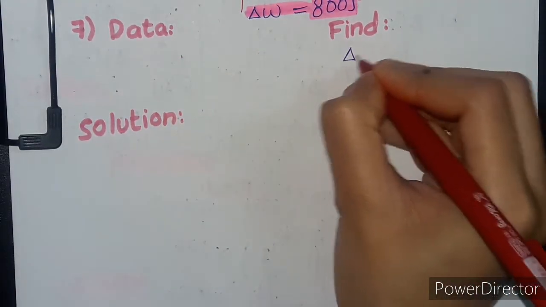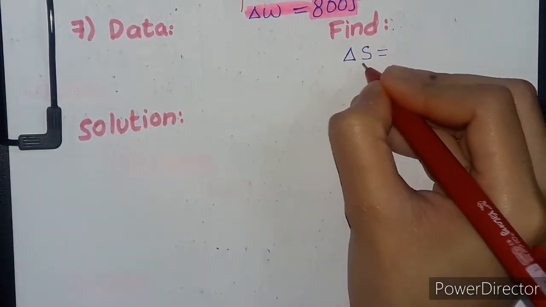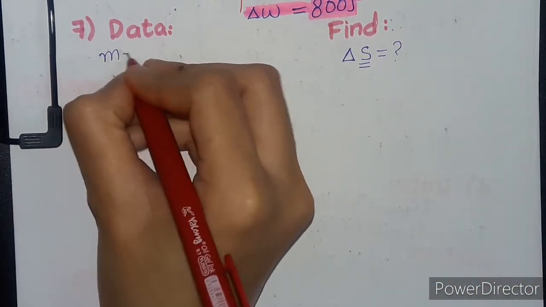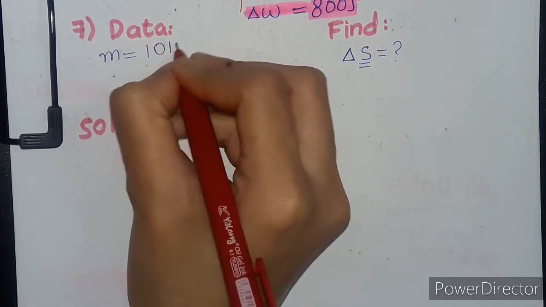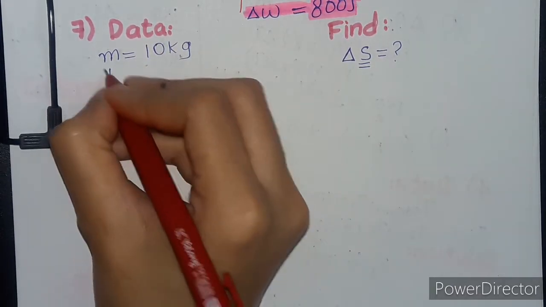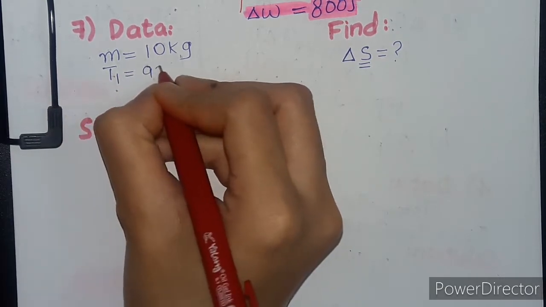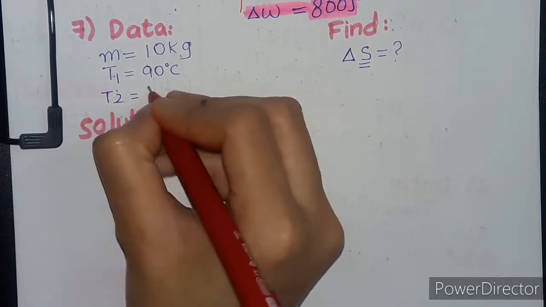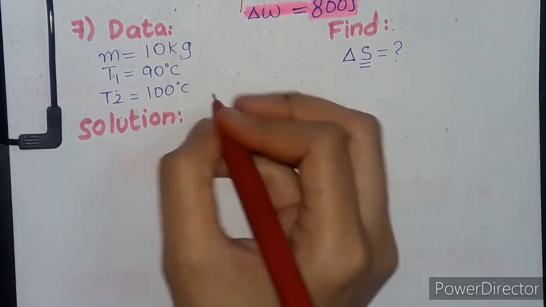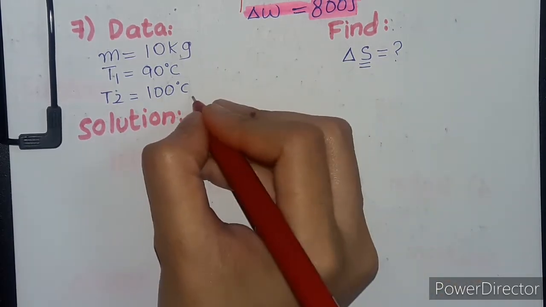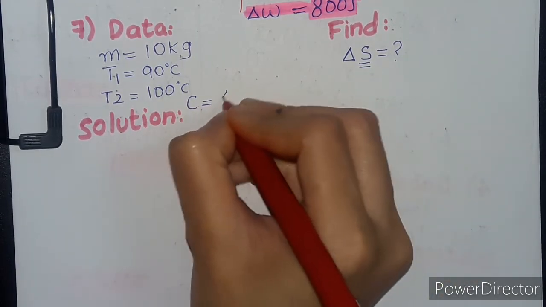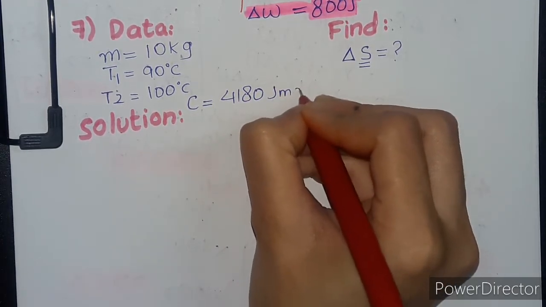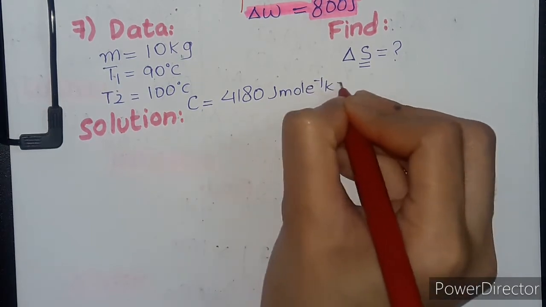We have to find the change in entropy, which is represented by S. We are given the mass, which is 10 kg. Then we are given the temperature T1, which is 90 degrees Celsius, and T2, which is 100 degrees Celsius, and the specific heat of water, which is 4180 joule per kg per Kelvin.